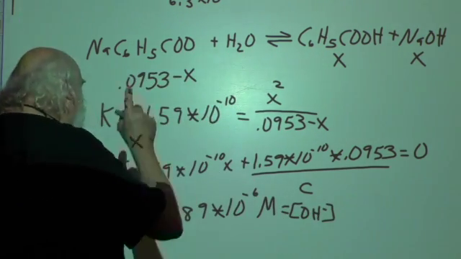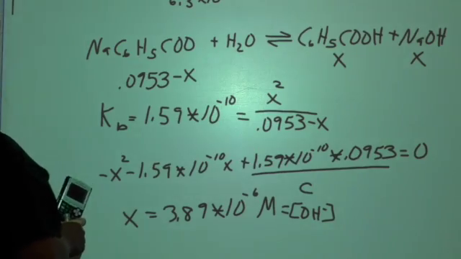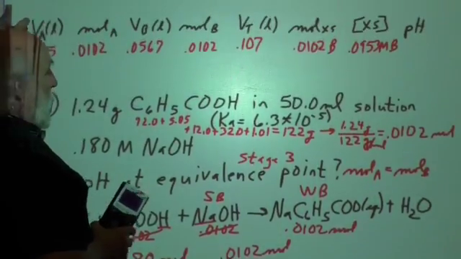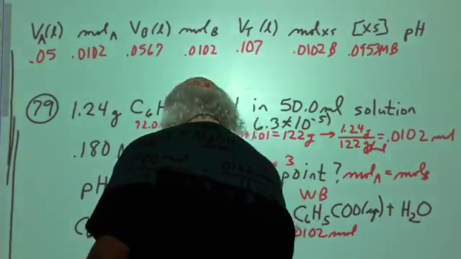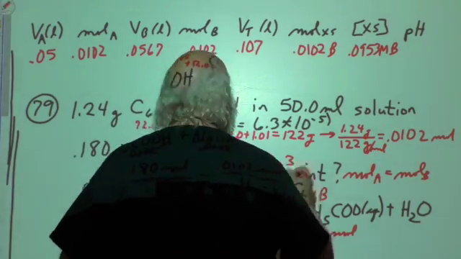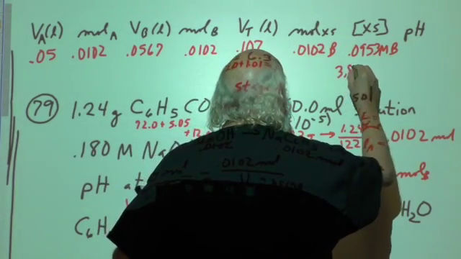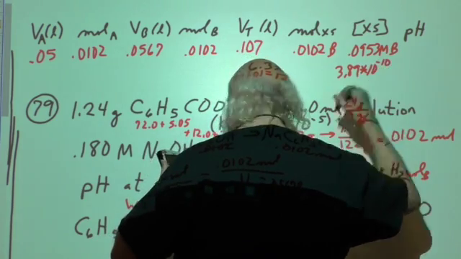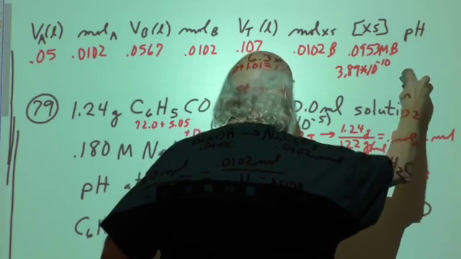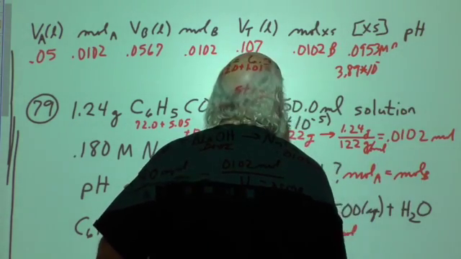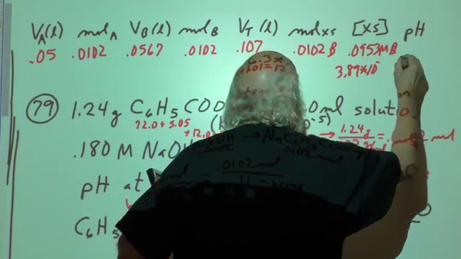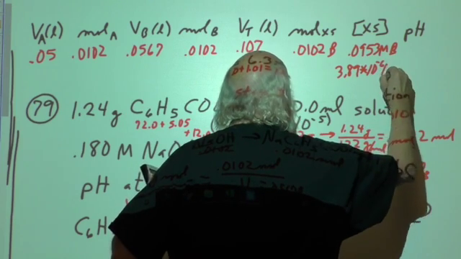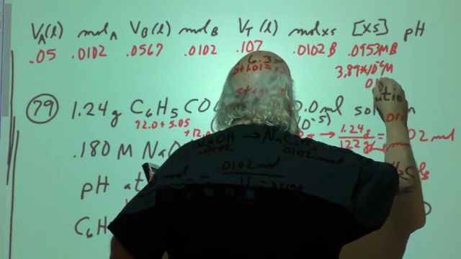So we're going to put that up there in the chart underneath this right here. So 3.89 times 10 to the negative 6 moles per liter of hydroxide.